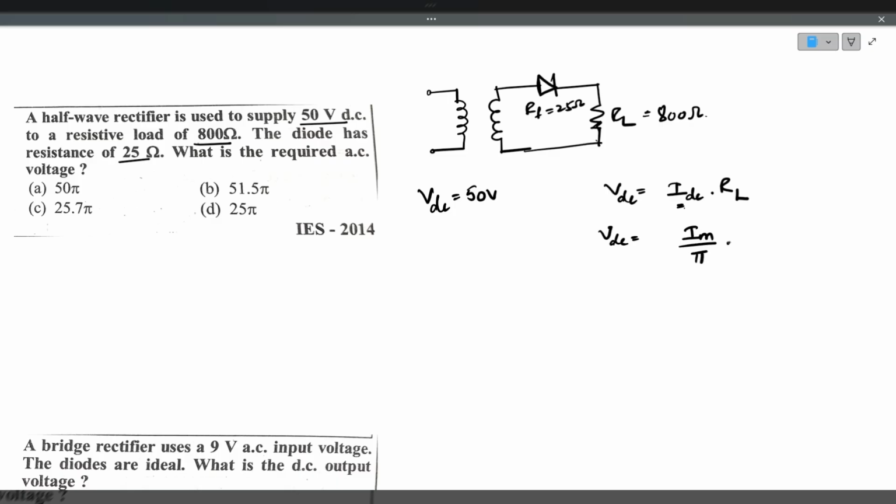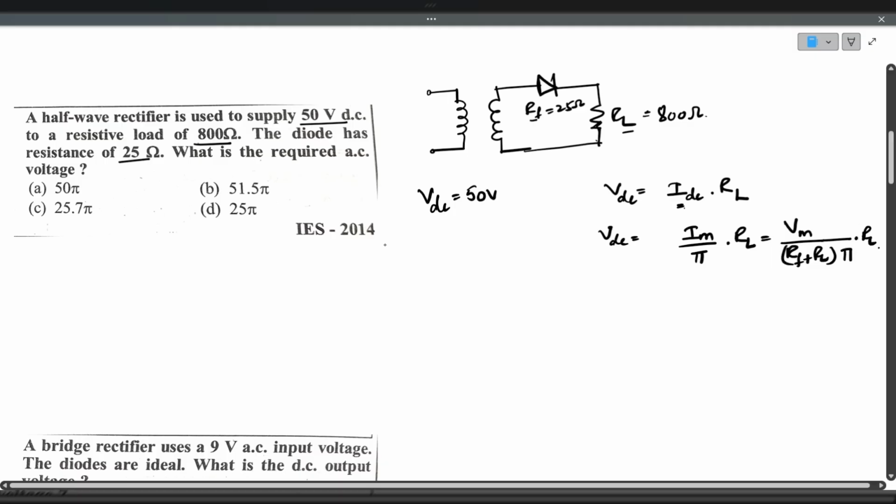This is the basic formula that we already know. Im is the maximum current. Im can be written as V maximum divided by resistance. But here we have to consider two resistances. One is load resistance, another is diode resistance. That is Rf plus RL, multiplied by pi, into RL. This is the formula.